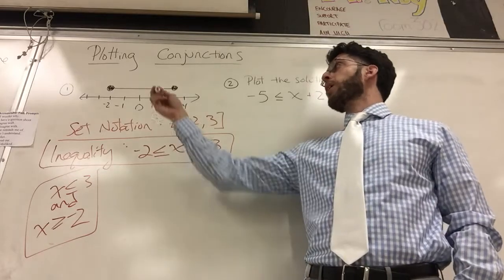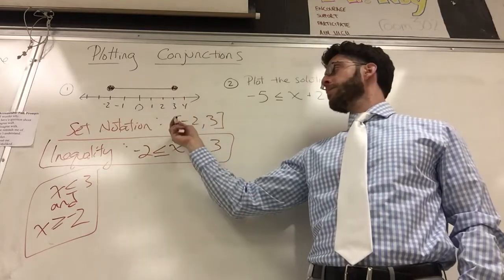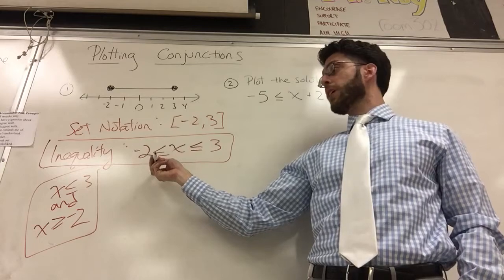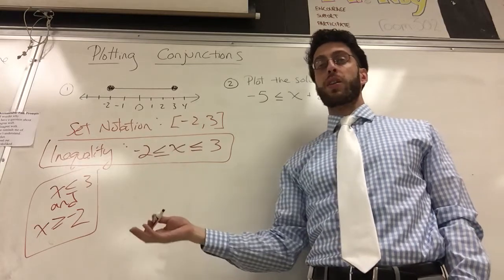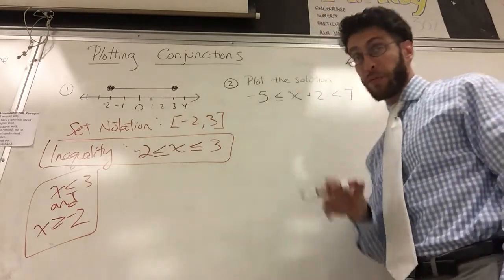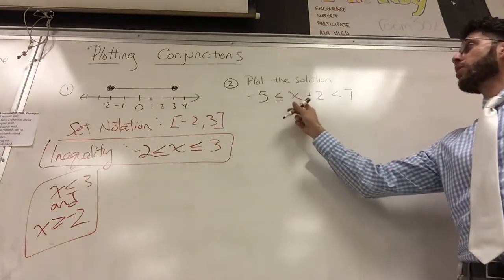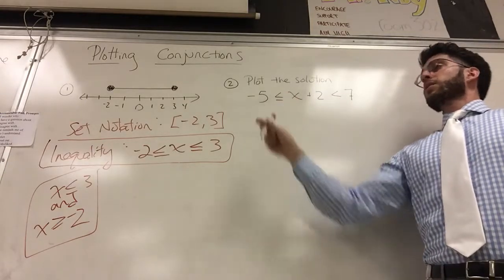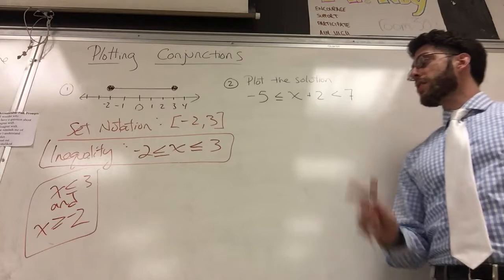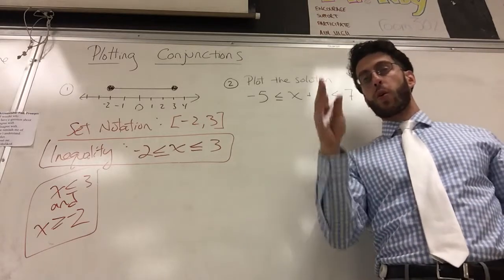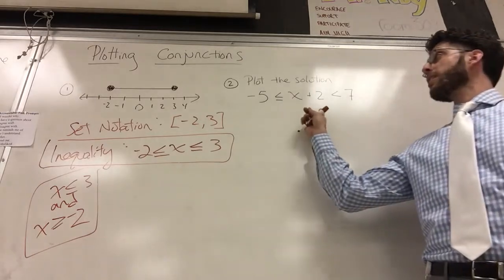Simple as that. So I got my graph, set notation, inequality notation. That's all you gotta know. Let's just do a practice problem for fun. Here, you're gonna get some kind of crazy conjunction. Since it's not two separate ones with an or symbol, this is an and question.